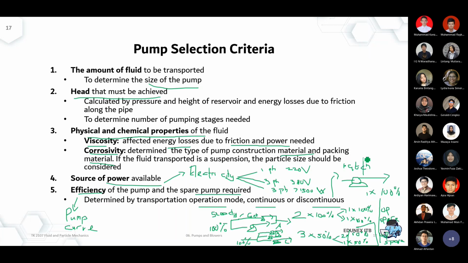Let's say you only need to work in batch for 1 hour per day, and when it's broken, you have 23 hours to fix the pump or replace the pump before it will be needed again to run the next batch. Okay, so that's some of the examples. Any question?